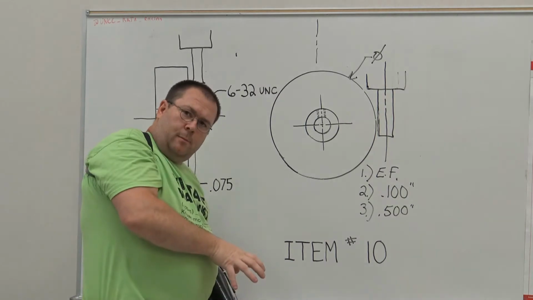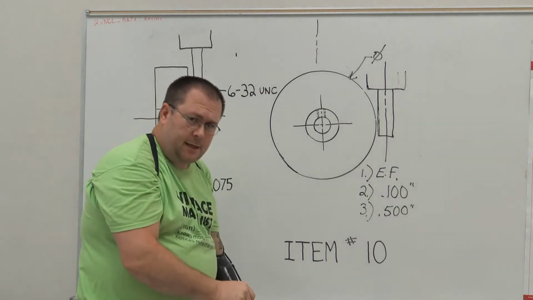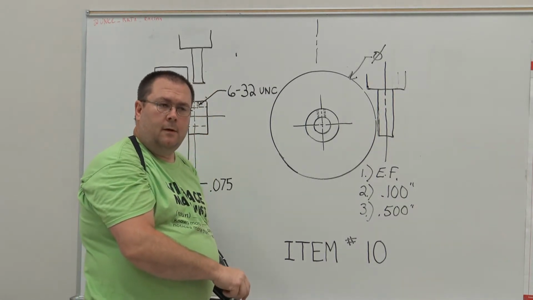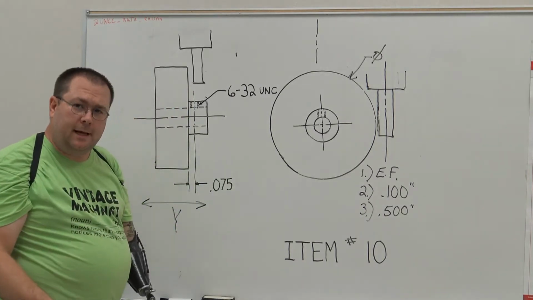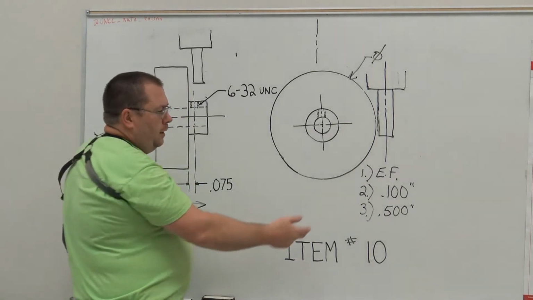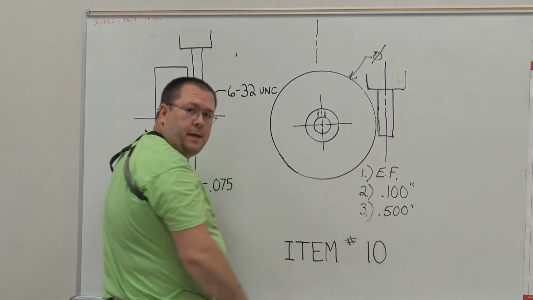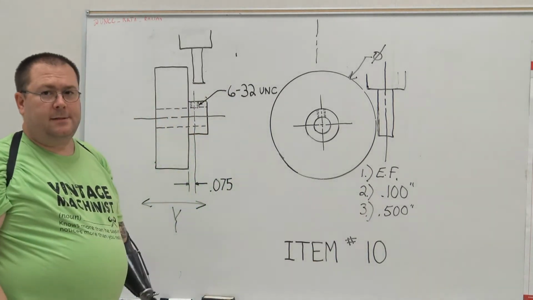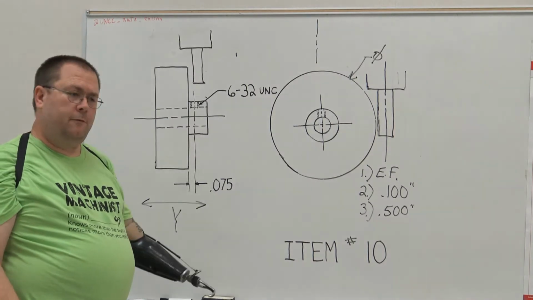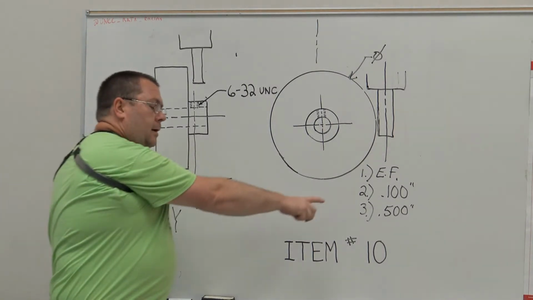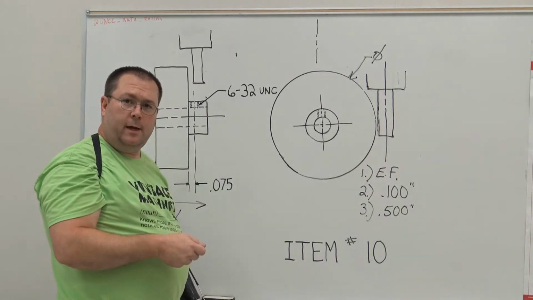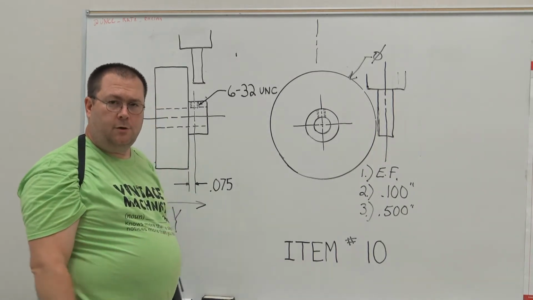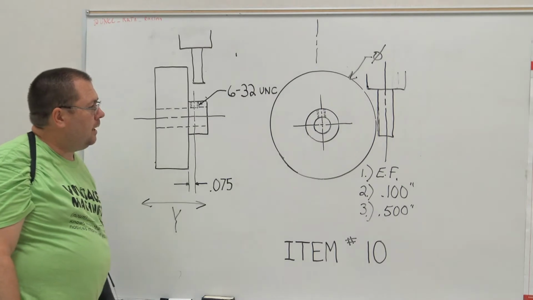But we can assume every time we edge find that we're going to set our dial to 0. Now, in a lot of cases, what I like to do is set my dial to 100 thousandths so that when I move the 100 thousandths for the edge finder, I'm already at a 0. Okay? So I move from 100 to 0 and then 500 thousandths more because one revolution of that hand wheel is 200 thousandths. Okay?